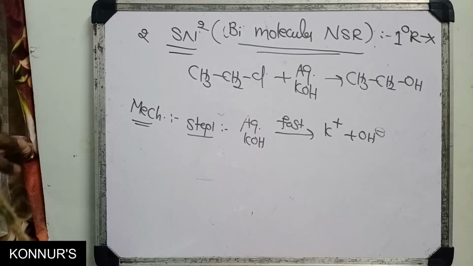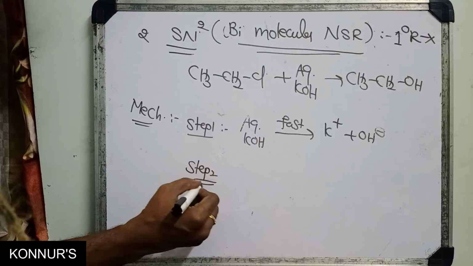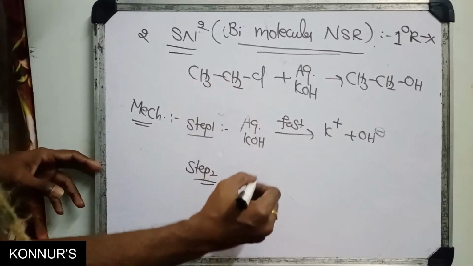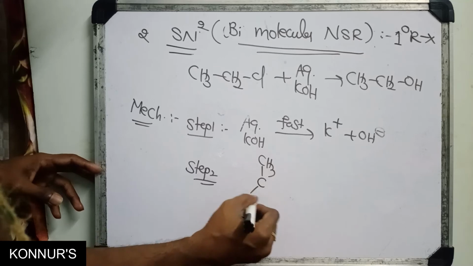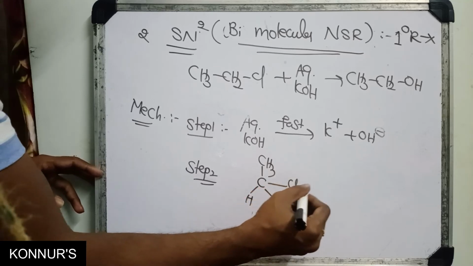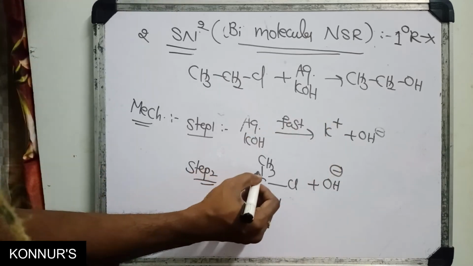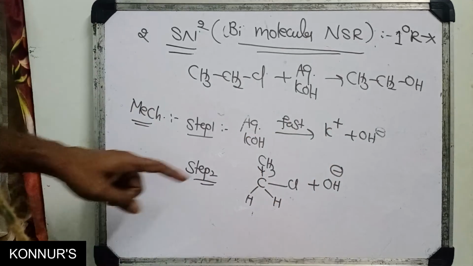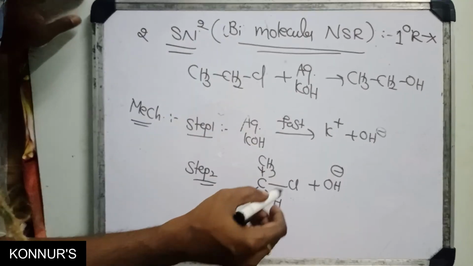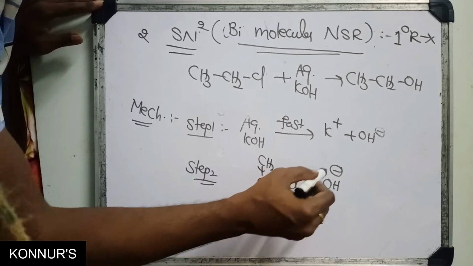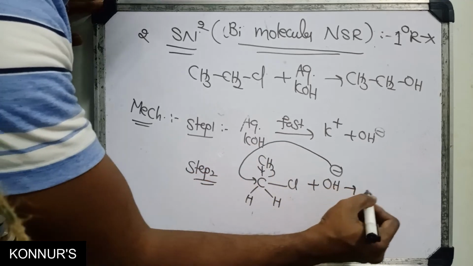In step 2, CH3CH2Cl reacts with OH-. In the previous case three donors were present, so chlorine left on its own. But here there is only one donor, and chlorine is on the right side, so OH- attacks from the back side and connects to this carbon.